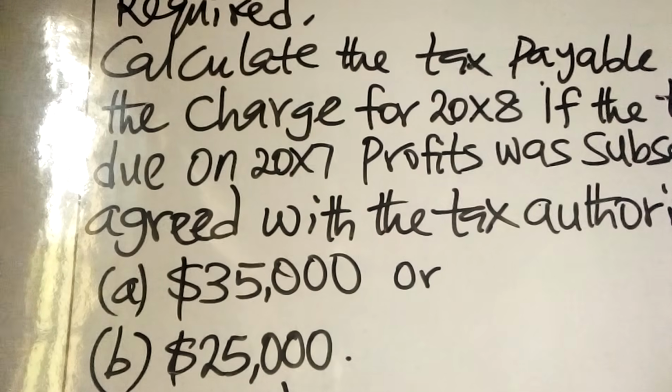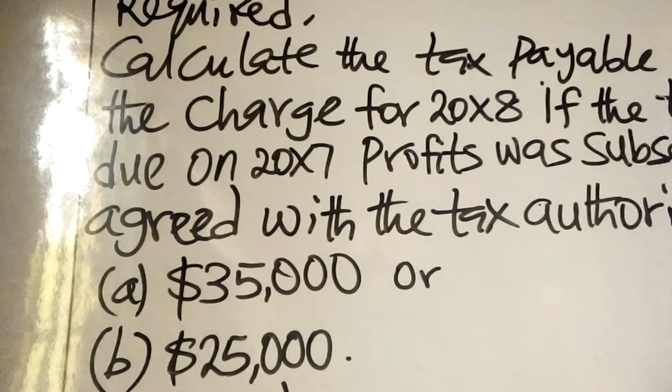This question is obtained from the BPP ACCA study text, Financial Reporting. In 20x8, Datin Co. had taxable profits of 120,000.